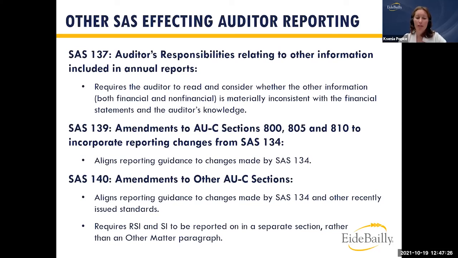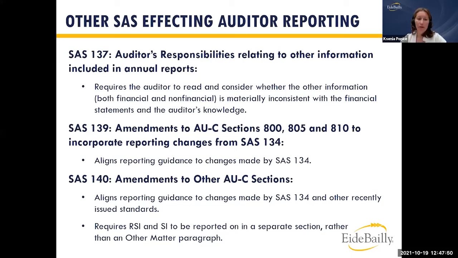So for the organizations out there, if you are putting out information like an annual report that will actually have some of the audited financial statement information included in that report, please let your firm know so that we can comply with this particular standard and review that information before it becomes public.